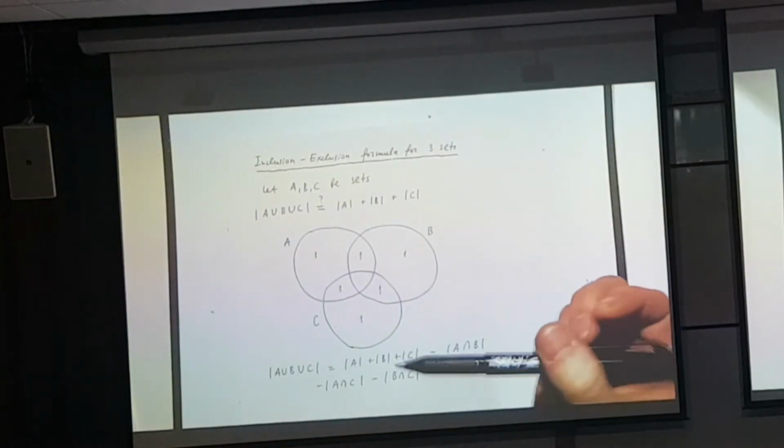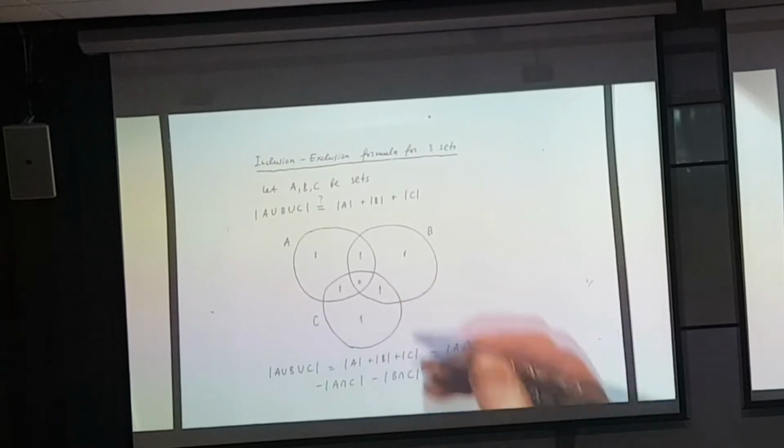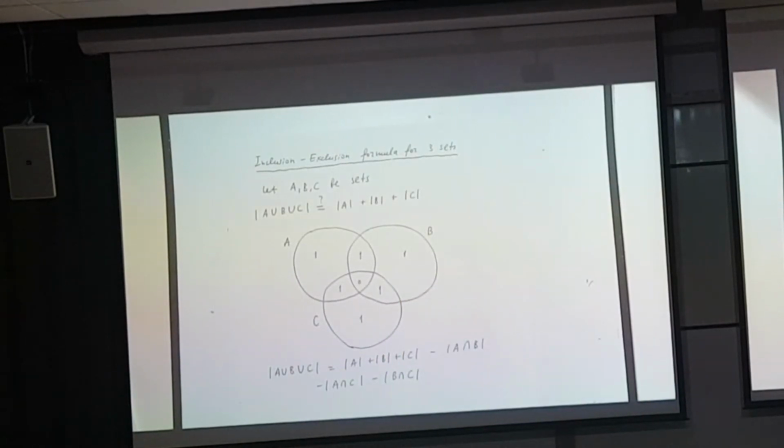So now they're not counted at all: they're counted with a plus 3 times and with a minus 3 times as well, so we have 0. We need to introduce one more correction, which concerns only those elements. It's easy to bring them back in by adding the number of elements in the triple intersection, A intersection B intersection C.